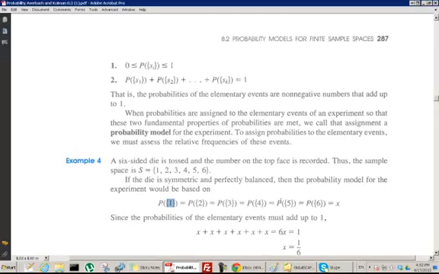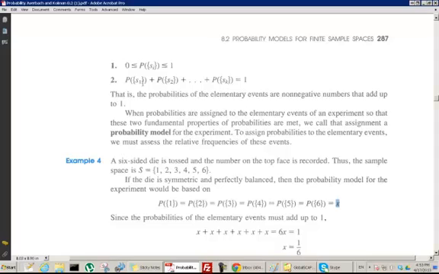Okay, so what we're saying is that these should all be equal to the same thing. We do sort of know what it is. We know it's going to be 1/6, but suppose we didn't know, they still all have to be equal to the same thing. So let's call that x. Now, we said that the probabilities of the elementary events have to sum up to 1.